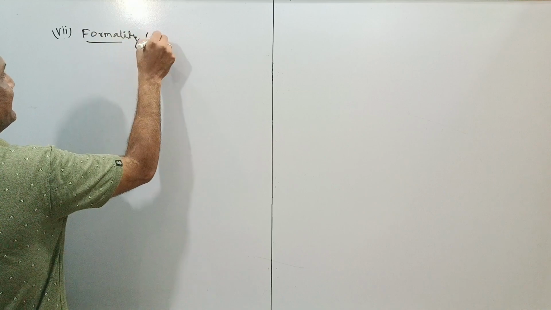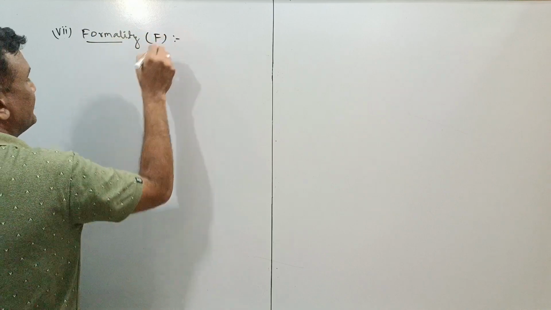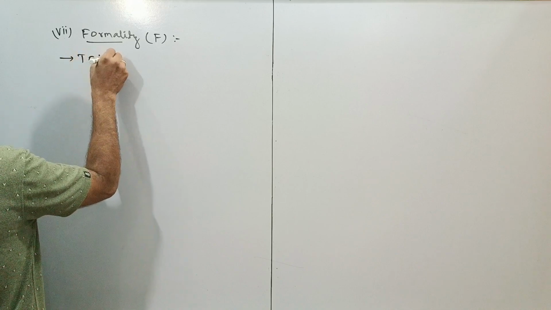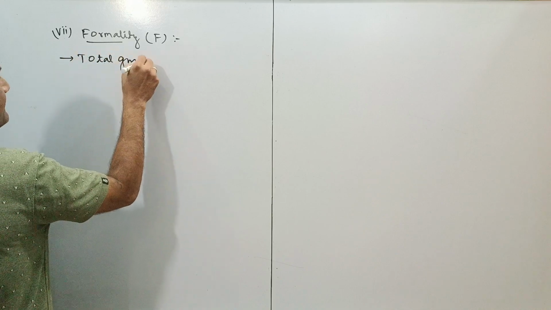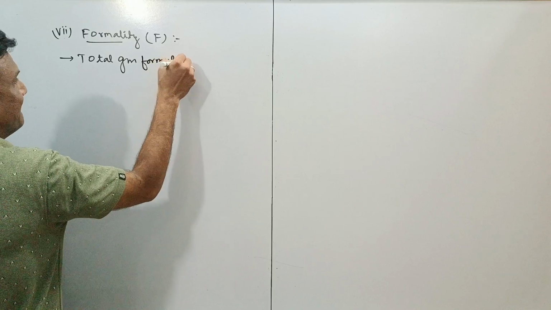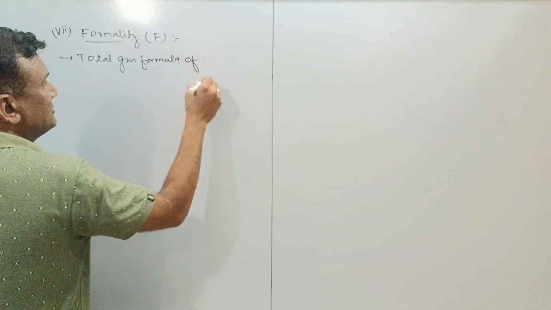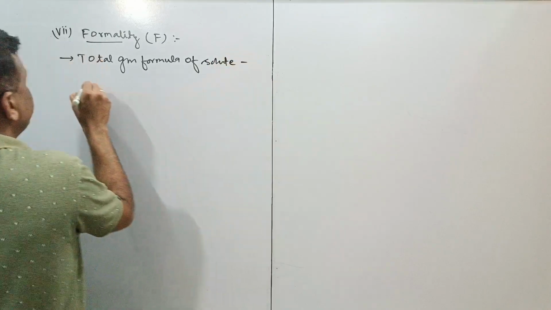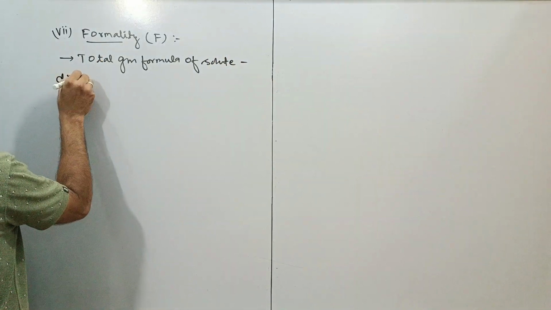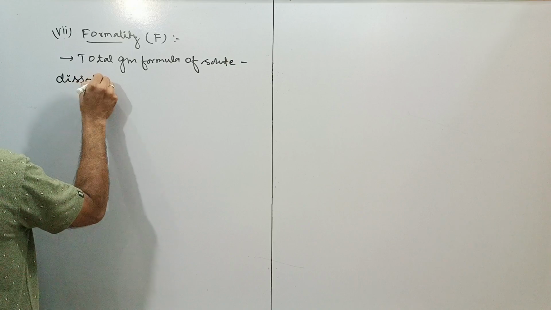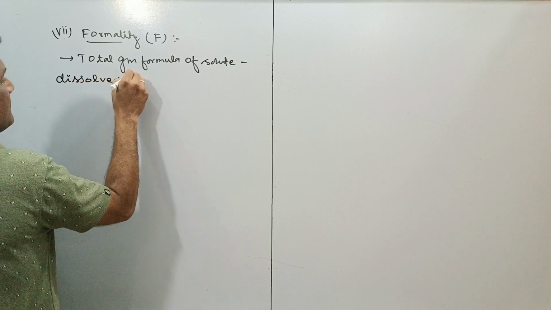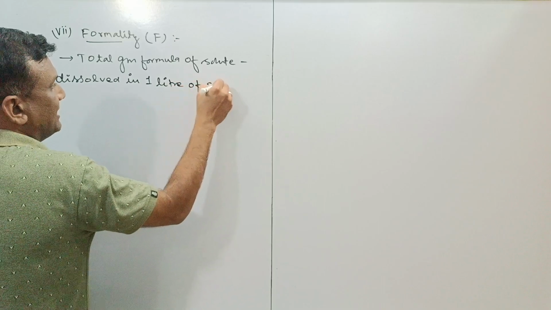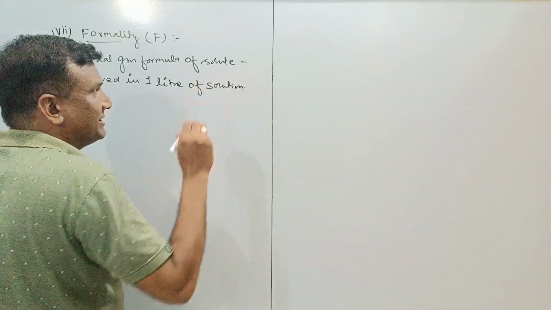It is denoted by capital F. You will say the total gram formula of solute dissolved in 1 liter of solution is called formality.